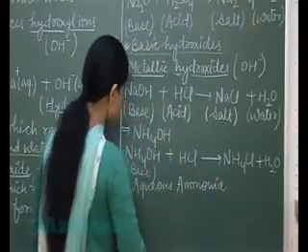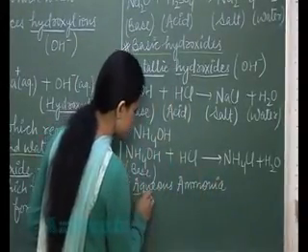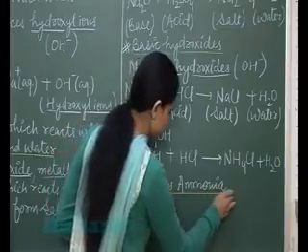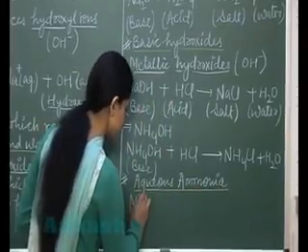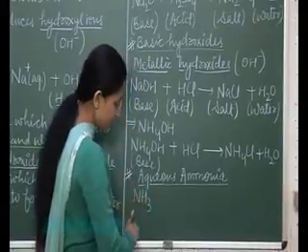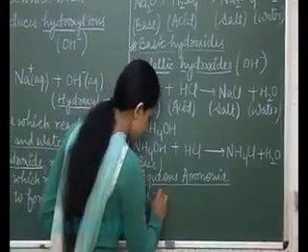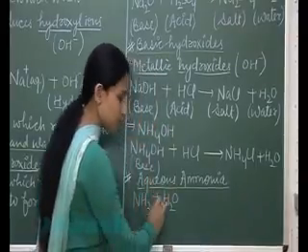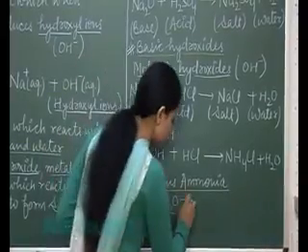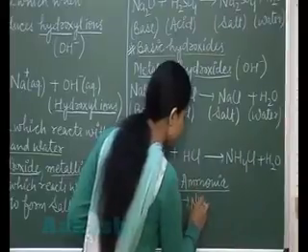By the word aqueous means in the presence of water. What is the formula of ammonia? It is NH3. Now when ammonia is in the presence of water, it actually forms ammonium hydroxide.